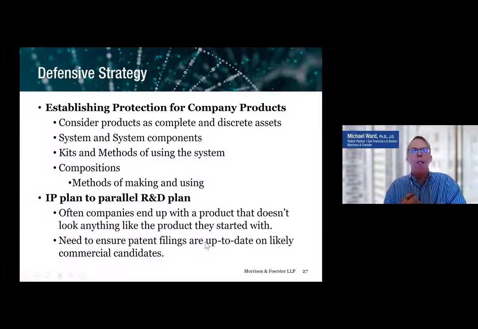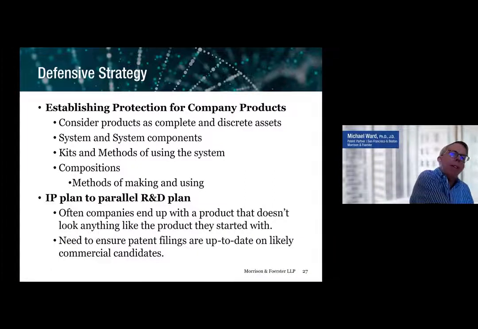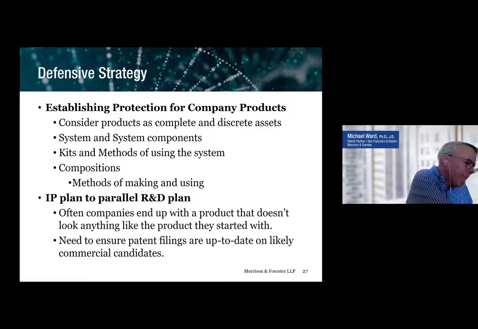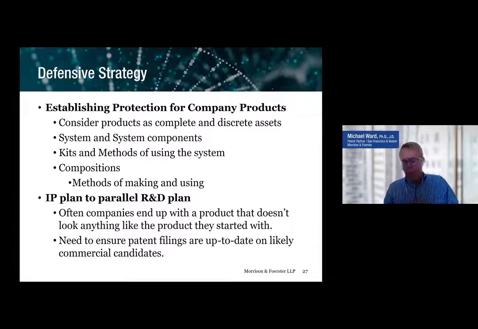All right, let's talk a little bit about the defensive strategy. First, we have to cover our company's products. We need to think of each product that we have, the things that we're going to sell, as complete and discrete assets. There might be systems, there might be components of the systems that are individually and separately patentable.